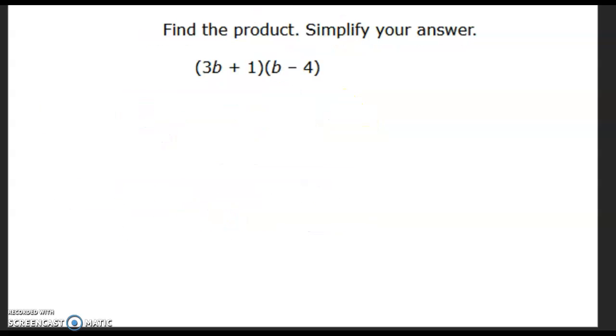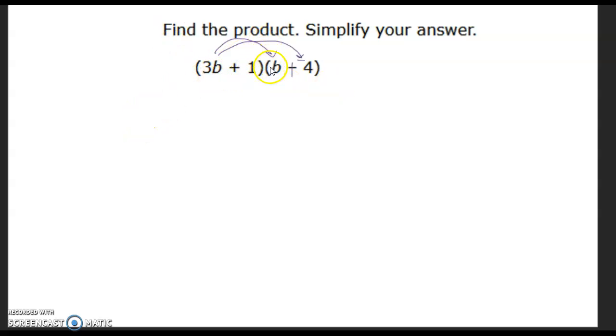All right, let's do another example. Find the product. So again, let's distribute this 3b here and to the negative 4. Just remember it's a negative. I draw arrows. It helps me remember that I'm doing all my terms. So 3b times b.